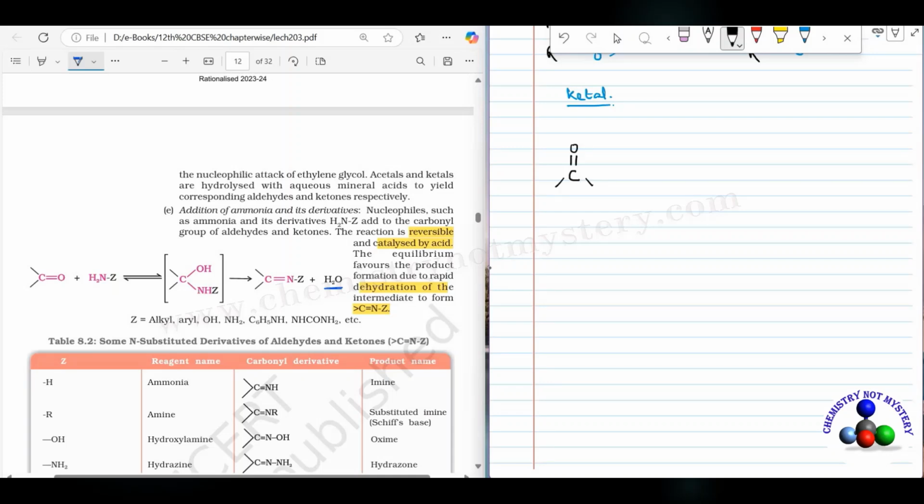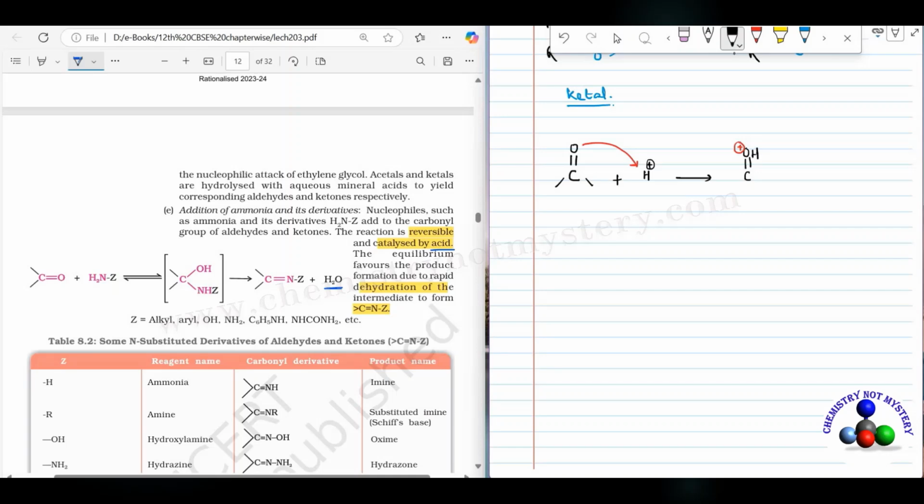So this is the carbonyl carbon and the reaction is catalyzed by the acid, means in presence of H+. So when H+ is present in the reaction medium, this oxygen gets protonated. So it will make bond with the H+ ion. So here you will get C double bond O. As it has donated a pair of electrons to H+, it will develop positive charge.